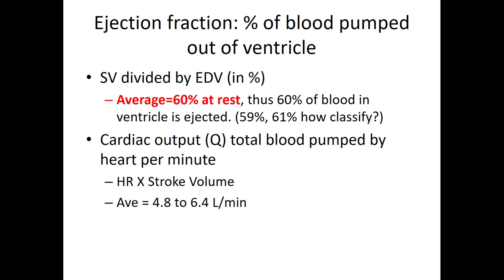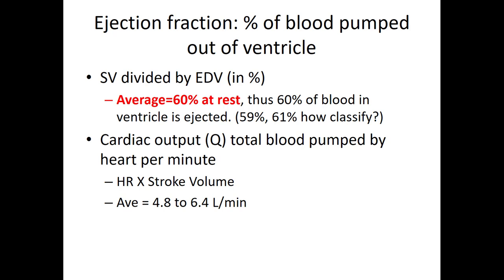And cardiac output, or Q, is the total blood pumped by the heart per minute. So to calculate cardiac output, heart rate multiplied by stroke volume is cardiac output. This is the most important thing in exercise physiology, right? How can we increase cardiac output?